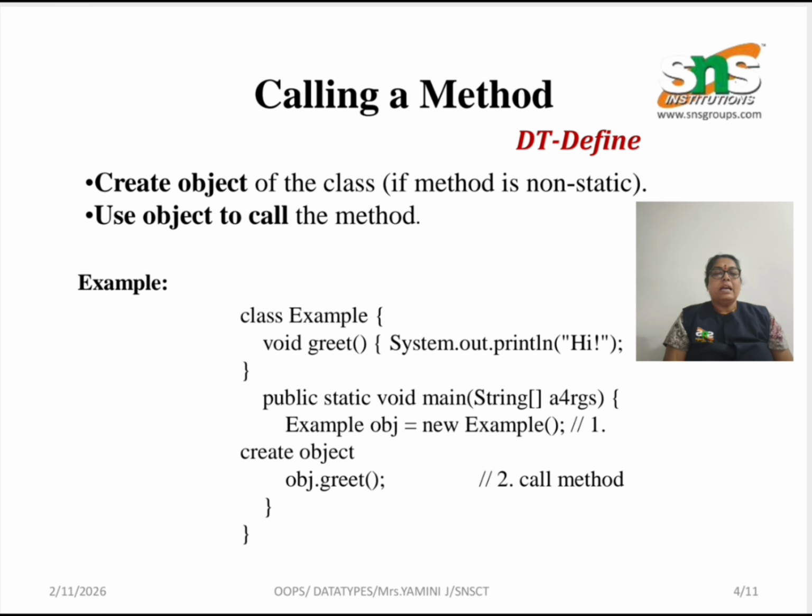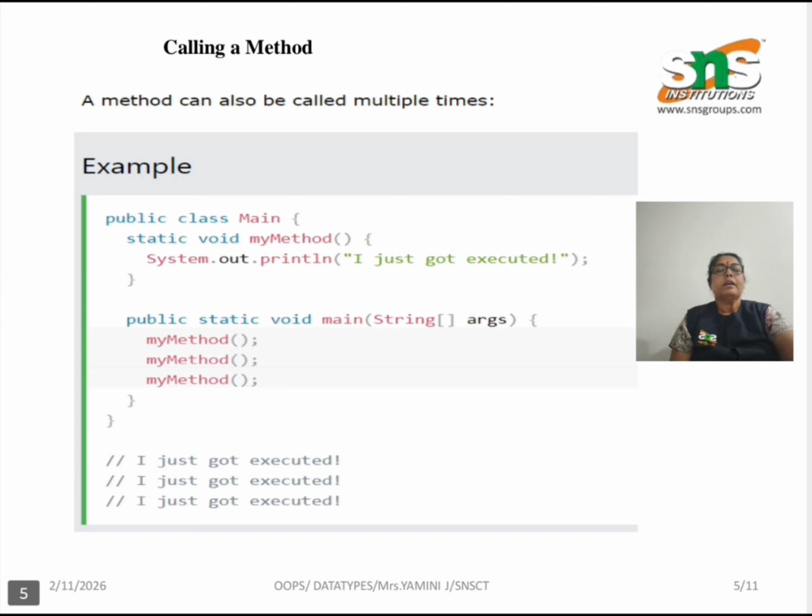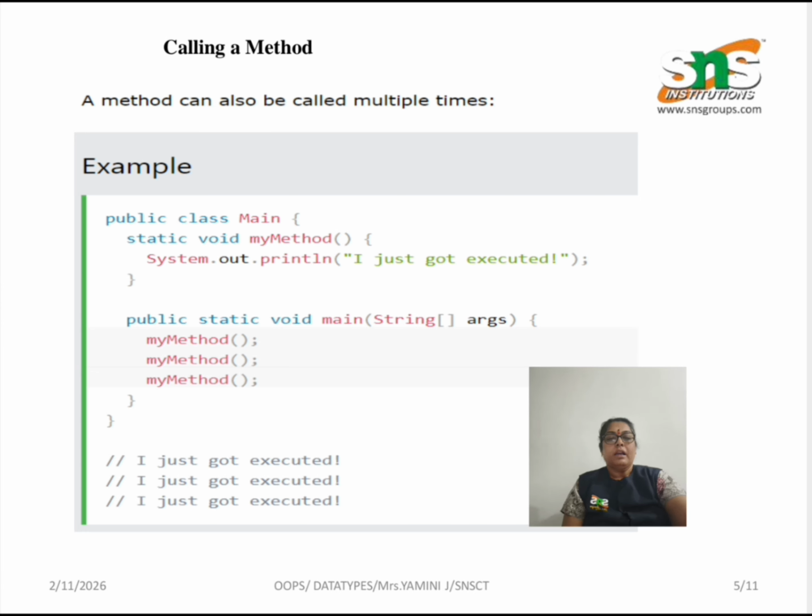Second one, Java method parameters. In Java, parameters are passed to the method so that it can perform a task using a given value. Methods can be classified into two types based on parameters. A parameterized method receives an input value, whereas a non-parameterized method does not take any input.